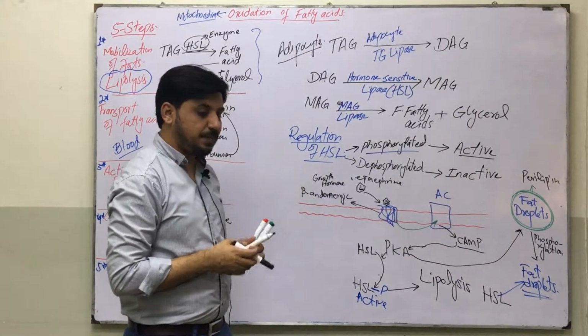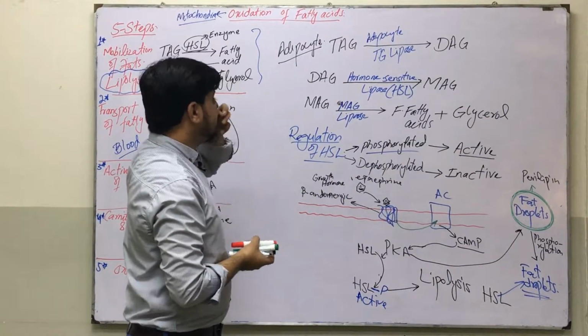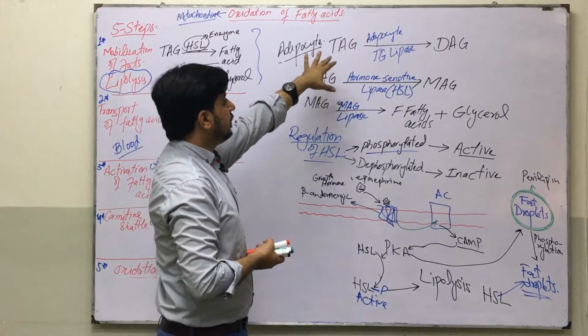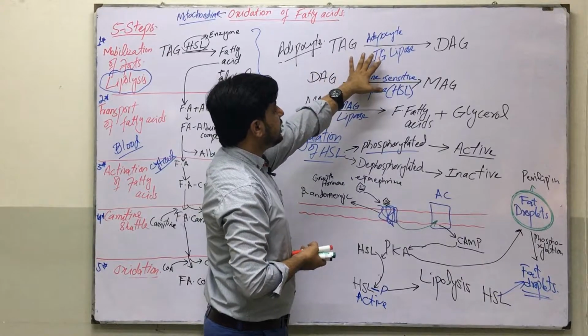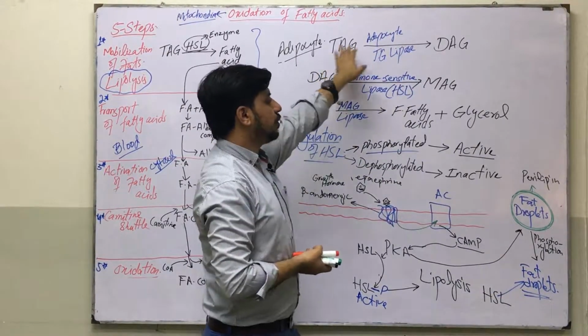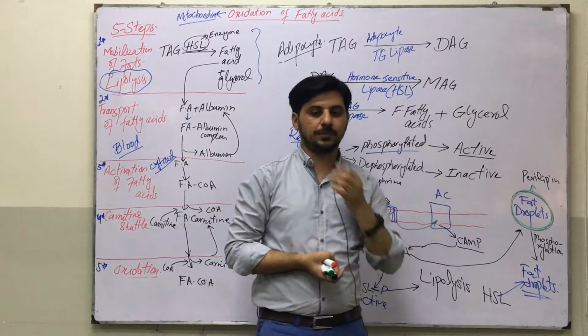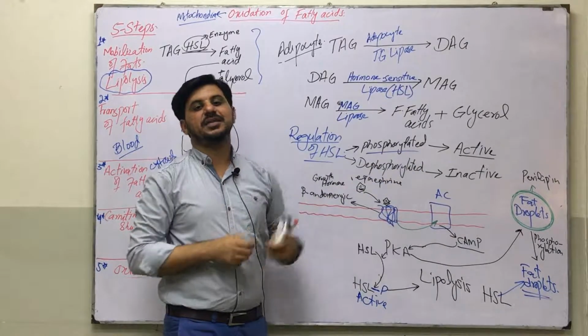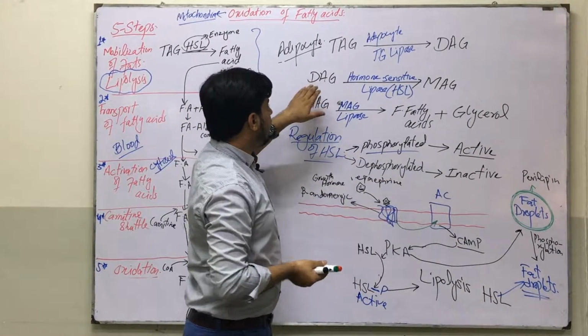Once again I am going to repeat that in the adipocytes we have triacylglycerol molecules, and first of all, adipocyte triglyceride lipase, with the help of this enzyme, converts triacylglycerols into diacylglycerol. Diacylglycerol also acts as a signaling molecule.